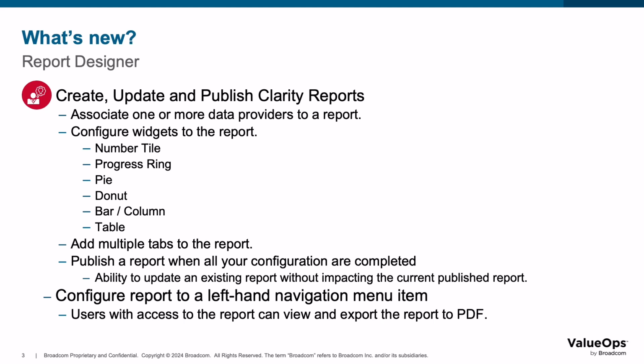When it's shared to the user, only users who have access to that particular report will see that menu icon, and they'll be able to view the filters and also export that report to PDF if they wish.